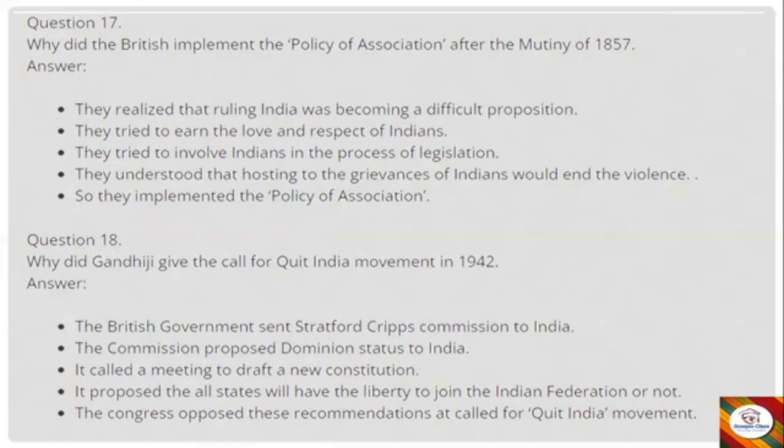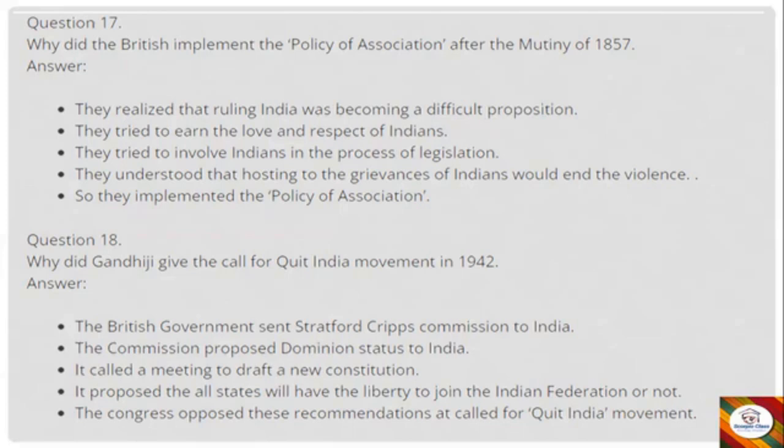Okay. Next question 18. Why did Gandhiji give a call for the Quit India movement in 1942? Answer. The British government sent the Stafford Cripps Commission to India. The commission proposed Dominion status to India. It called a meeting to draft a new constitution.